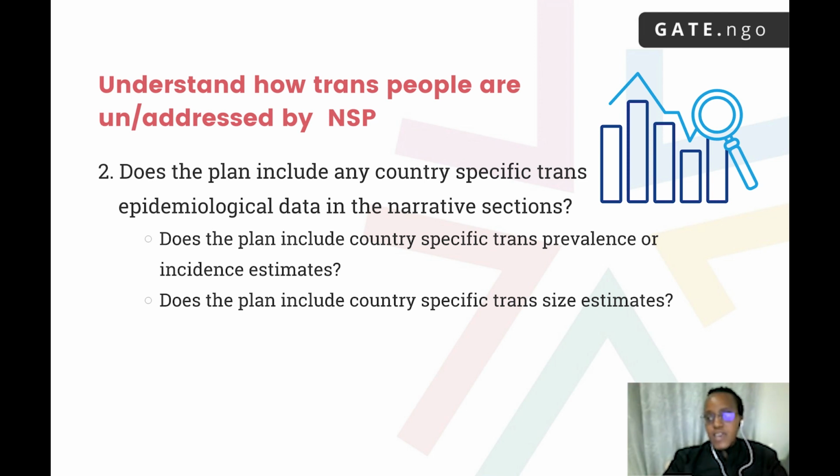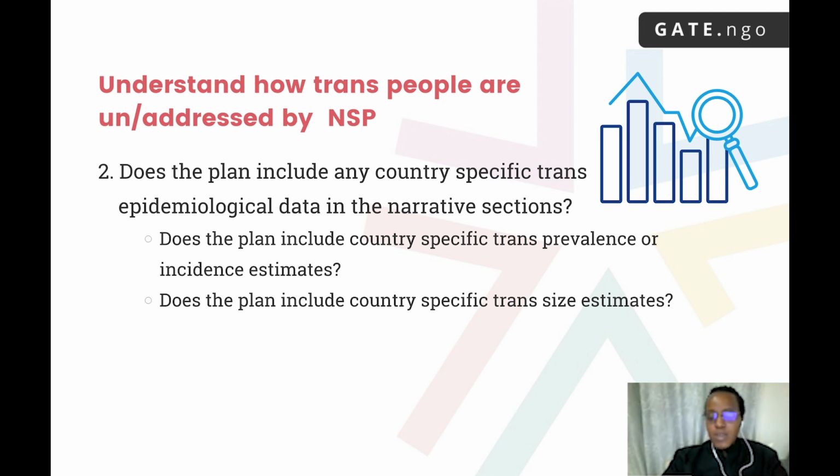And the truth is that the National Strategic Plan is a really great place to get your state and the stakeholders involved to really commit themselves to meeting that gap and that vacuum and planning to meet that gap in terms of data around trans populations. The NSP is where they can commit to undertake trans prevalence or population size estimates and those kinds of studies.